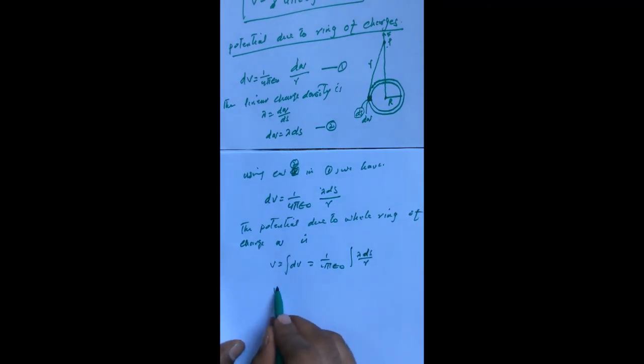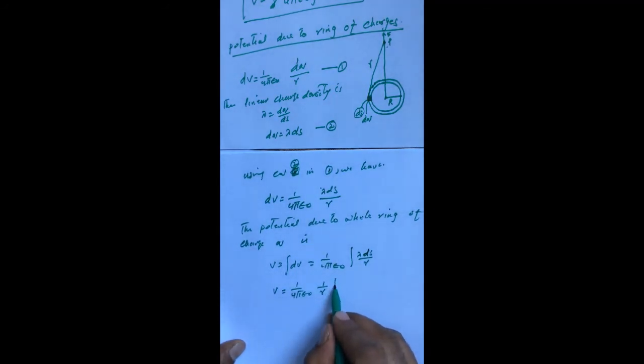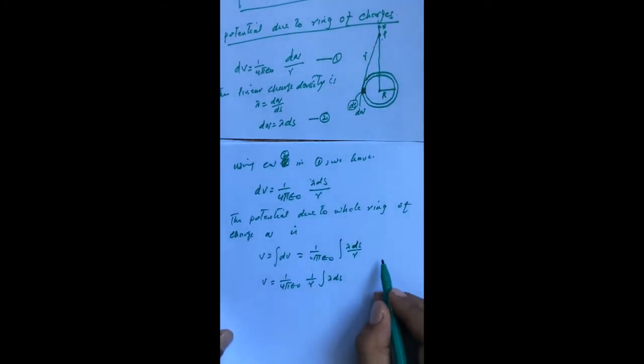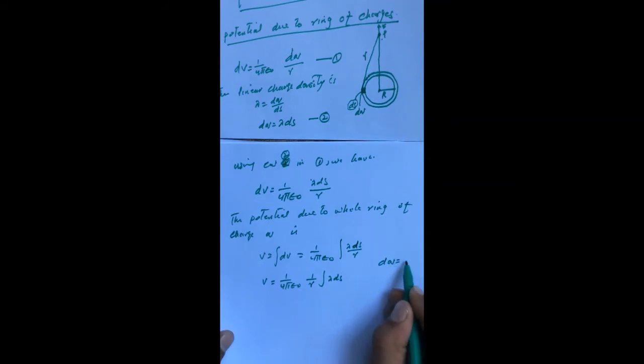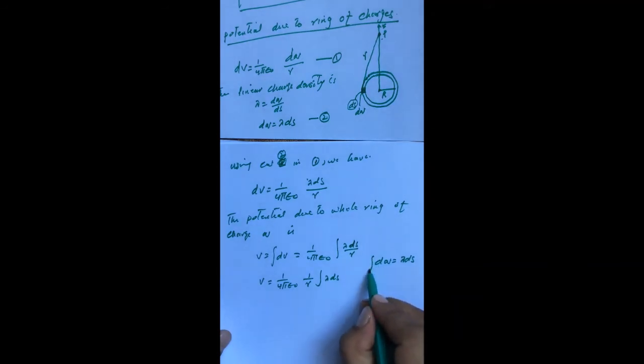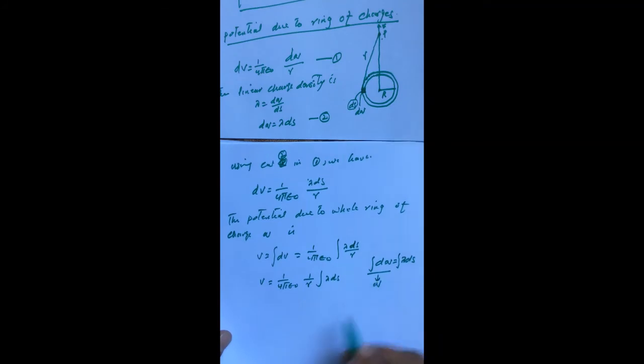Now I can write it also as V is equal to 1 over 4 pi epsilon naught, 1 over r is also constant, so I will keep it outside of the integral, and we have the integral of lambda ds. As we know that dq is equal to lambda ds, if I integrate both sides, this will give us the total charge q, and this is equal to the integral of lambda ds.